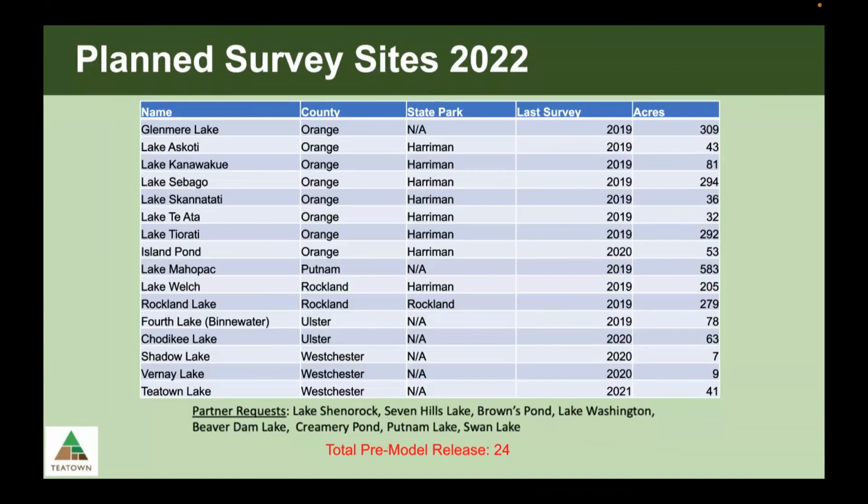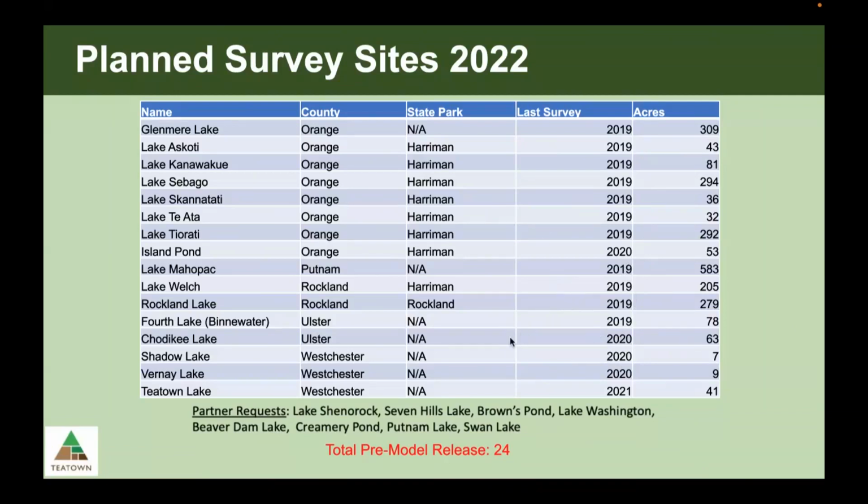So you can see most of the sites in this table were visited in 2019. And so we're up again for survey in 2022. There are some instances where we survey more frequently, depending on partner requests or special projects that happen at these lakes. But for the most part, it's a 3-year rotation.